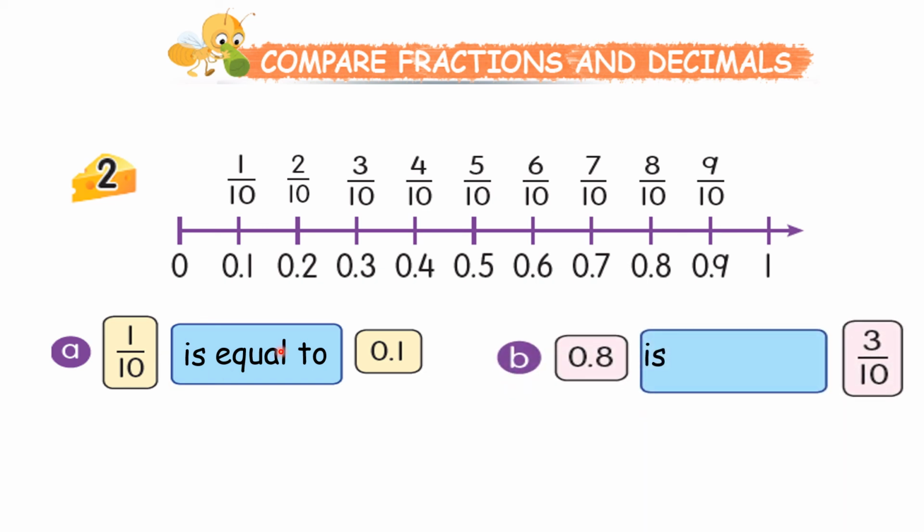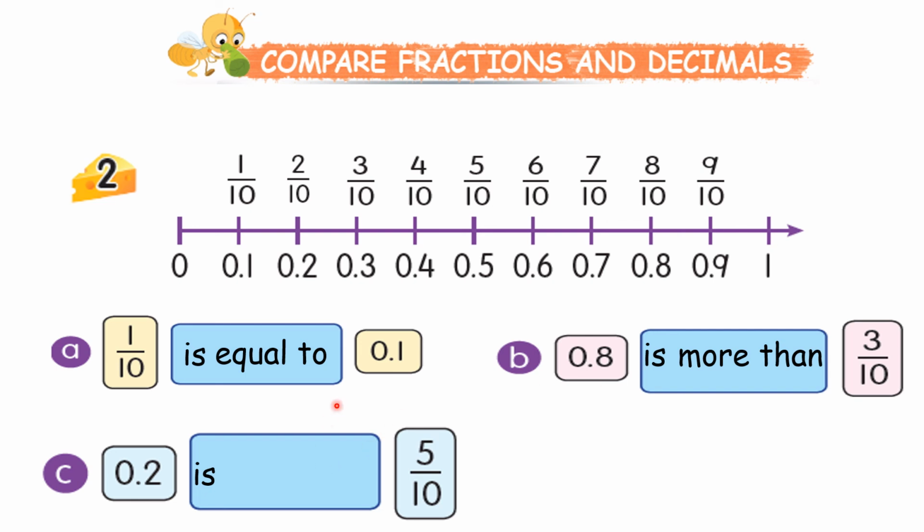B, 0.8 compared to 3 over 10. 0.8 is more than 3 over 10. C, 0.2 and 5 over 10. This is 0.2, this is 5 over 10.